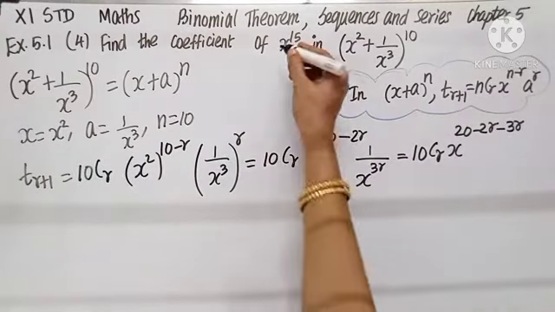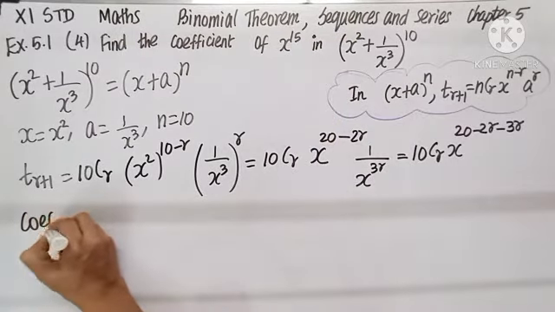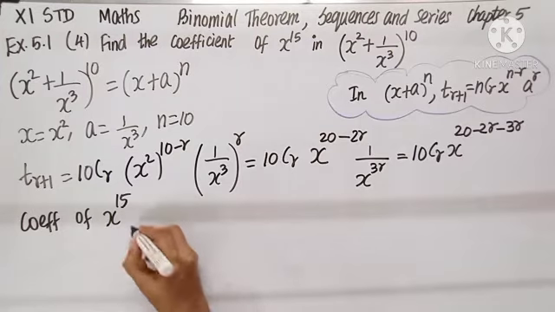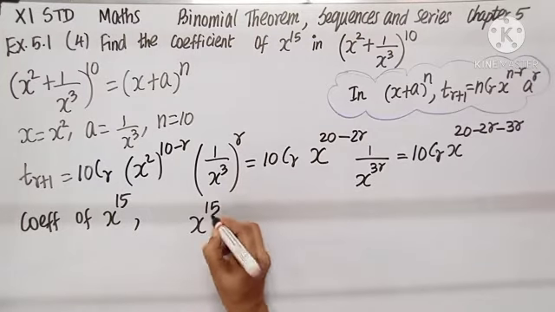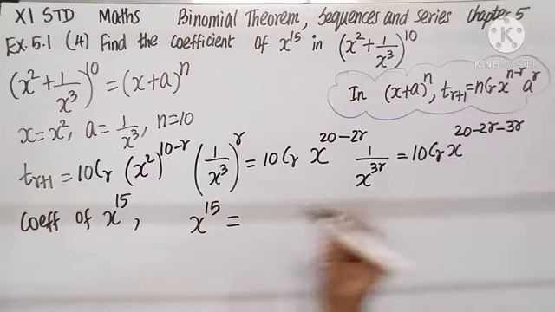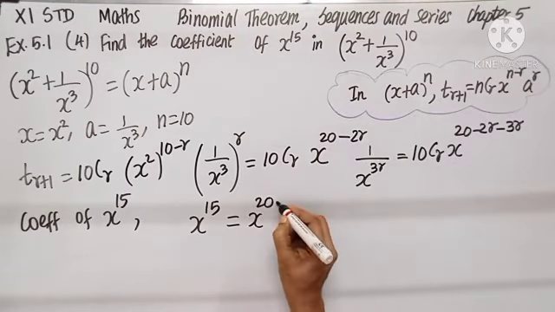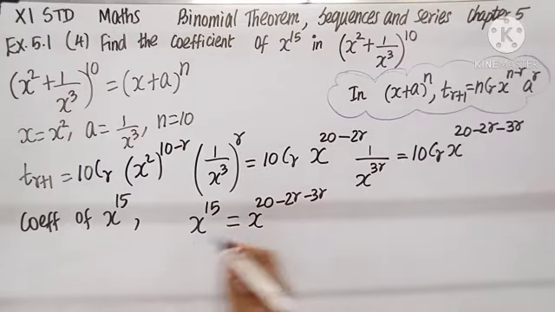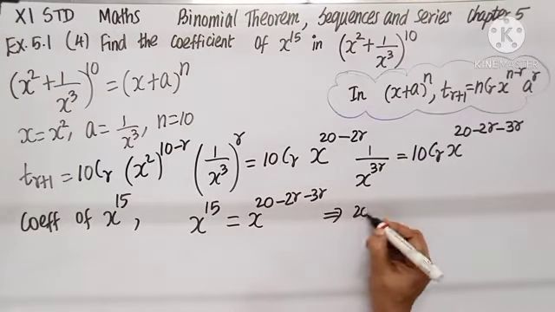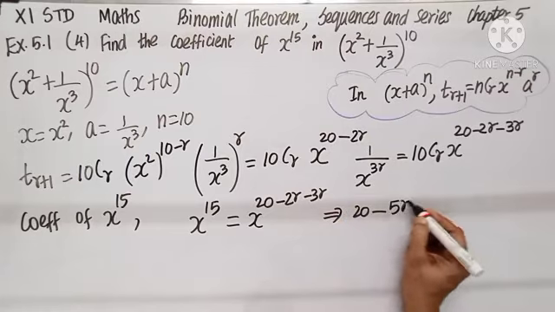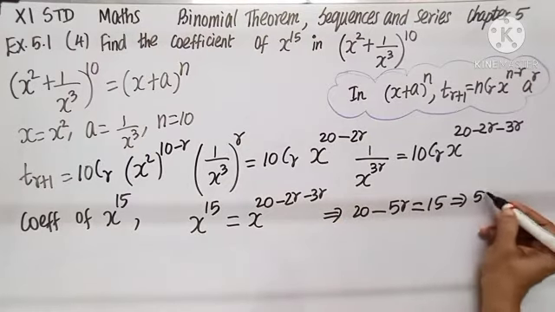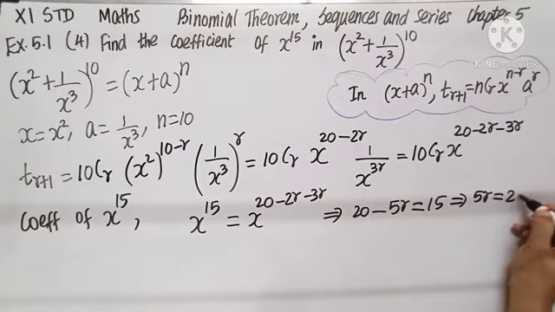Now my question is coefficient of x power 15. So x power 15, I have x power 20 minus 2r minus 3r. Comparing, 20 minus 5r equals 15 or 5r equals 20 minus 15, which is 5.